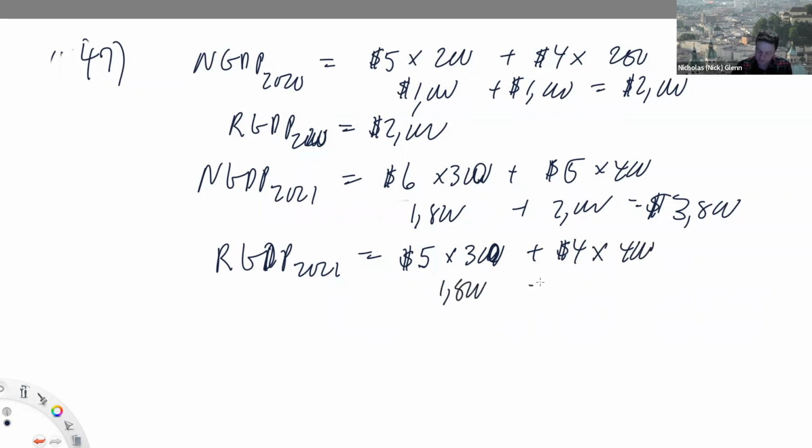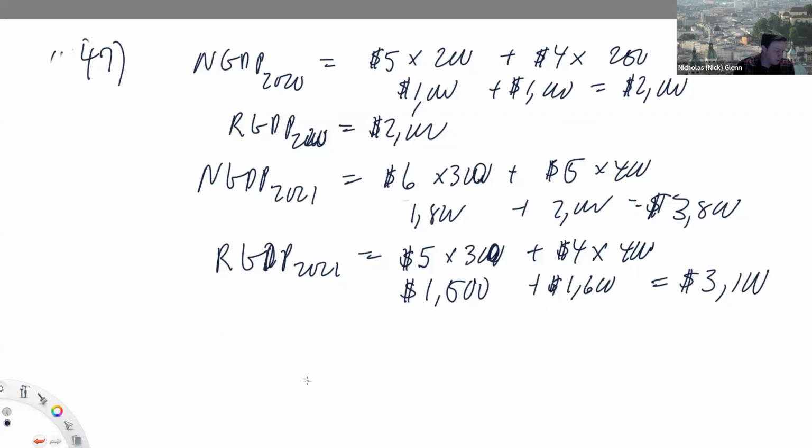So this will be 1,500 plus 1,600, and that'll give you a total of $3,100 for the real GDP.